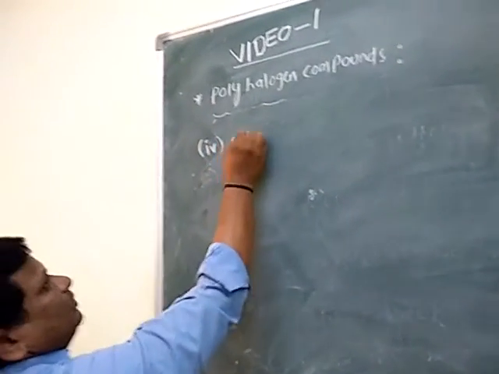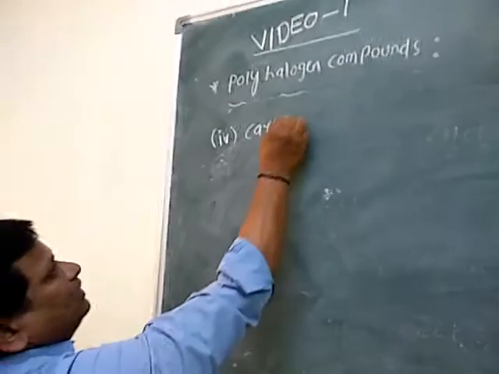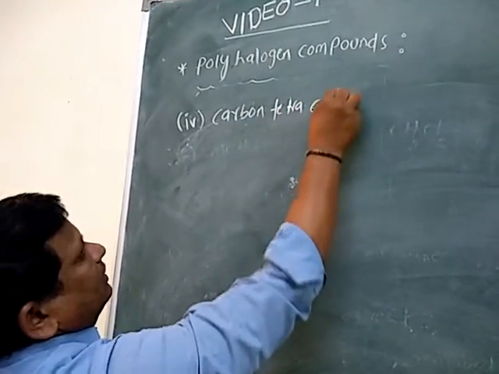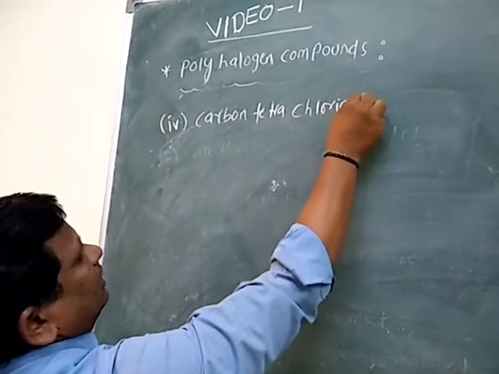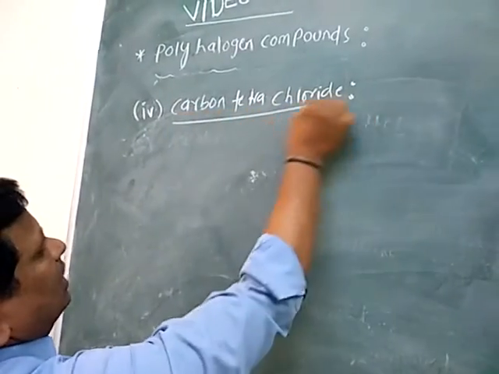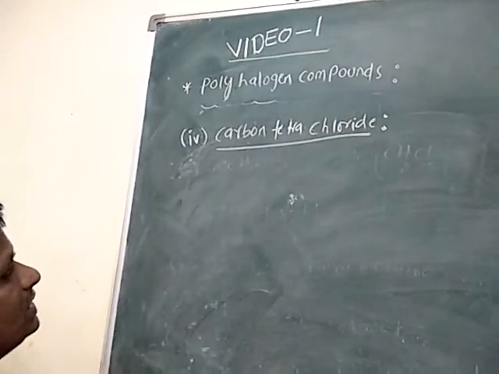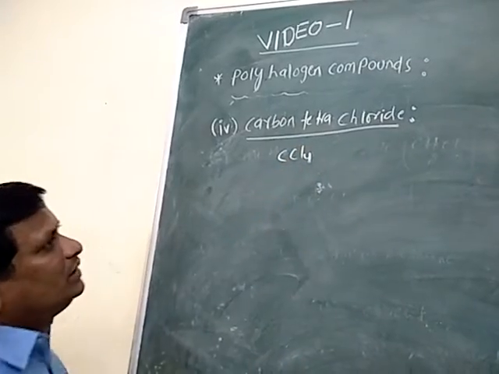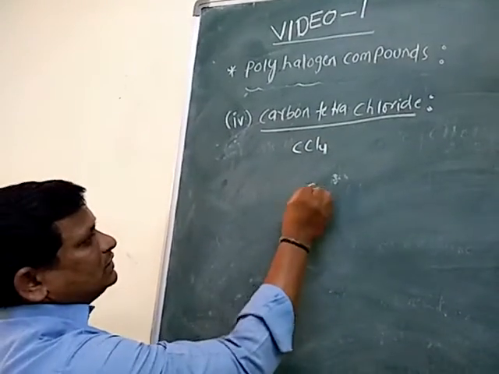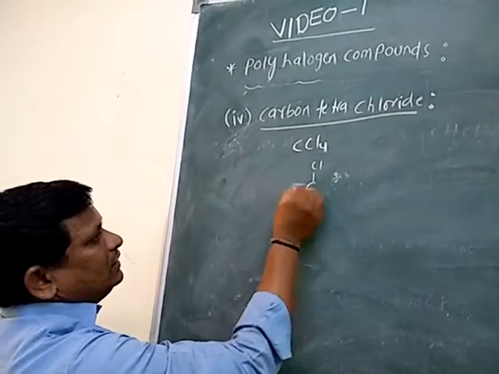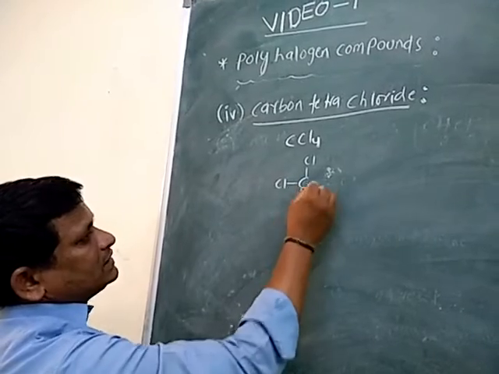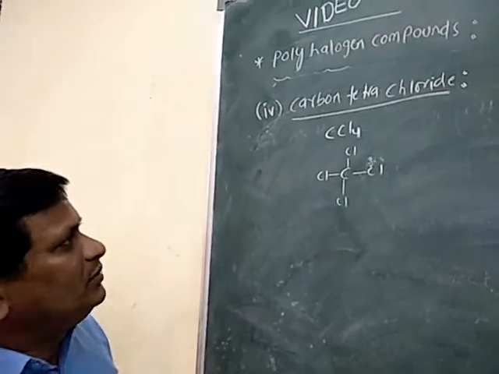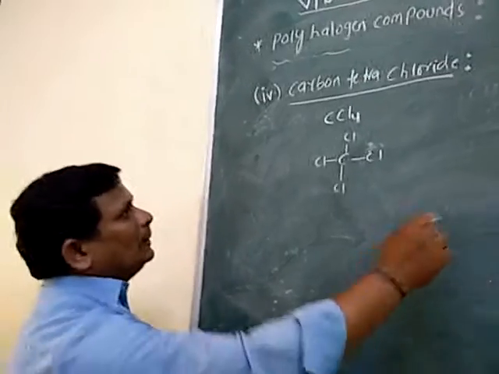The next polyhalogen compound, the fourth one, is carbon tetrachloride. Its formula is CCl4, carbon tetrachloride, with four chlorines attached to carbon. Its IUPAC name is tetrachloromethane.